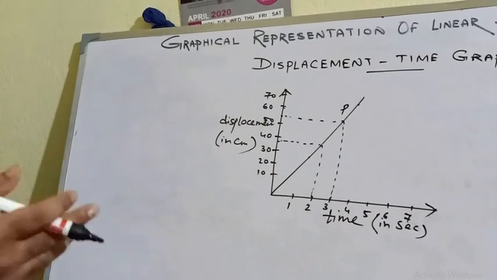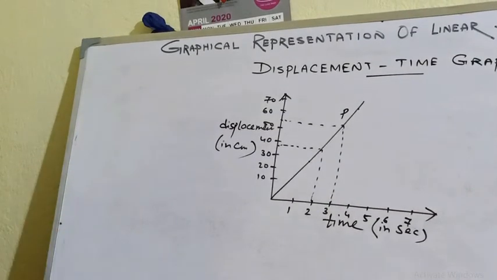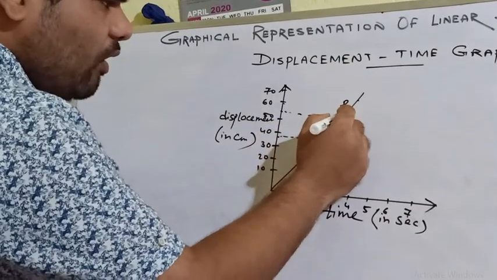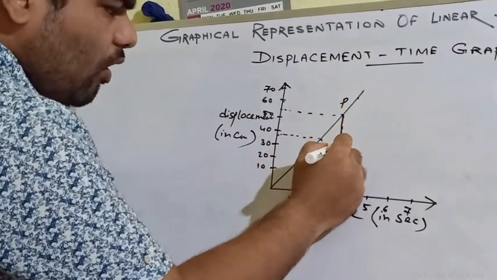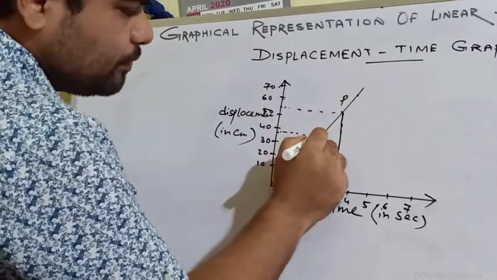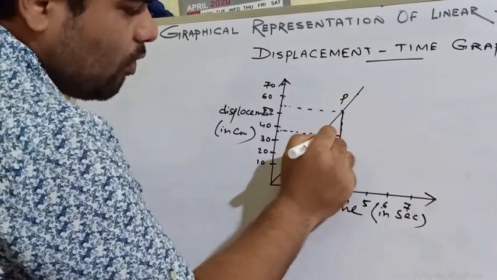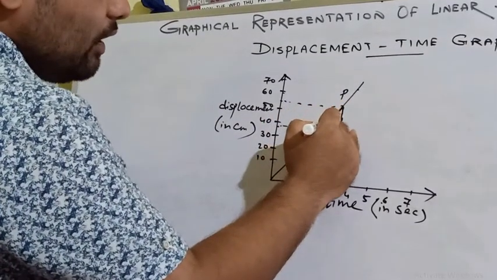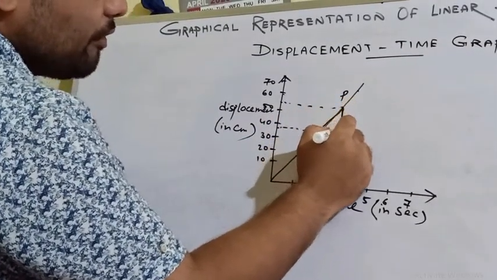So how to calculate the velocity from here? Let me draw two normals from here. See, here one triangle is drawn.